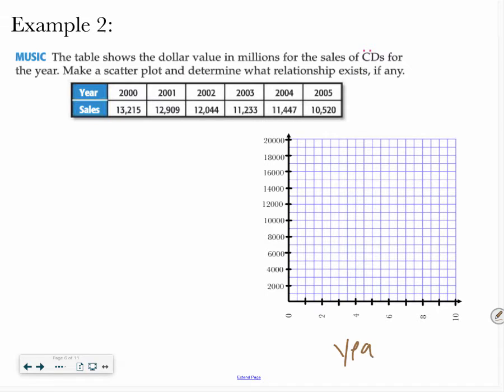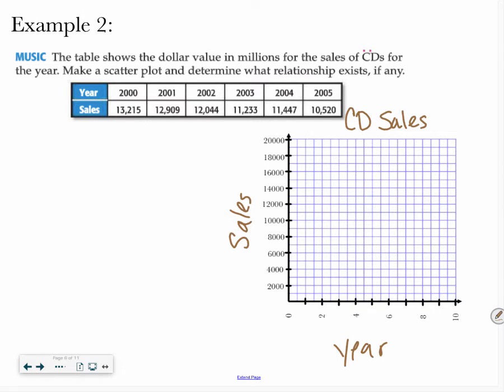And just to save time, I did 0 to represent 2000, 2 to represent 2002. Okay, so it's the number of years since 2000, basically, is what I did there. And then my y-axis is sales. And remember, when it comes to making graphs, you need to label your x and y axis and give your table a name. So let's name this CD sales.